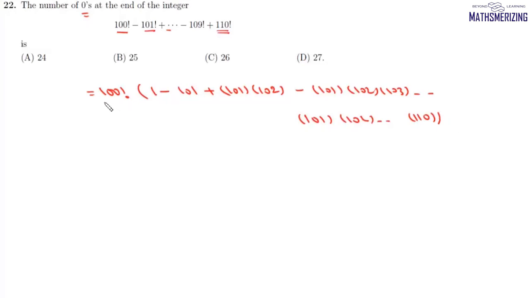Now we can find the number of zeros at the end in factorial 100 by exponent of prime powers. So it will be simply 100 by 5 plus 100 by 5 square.